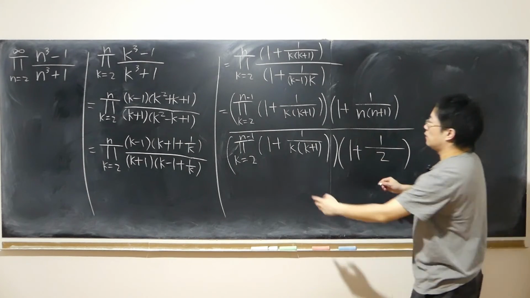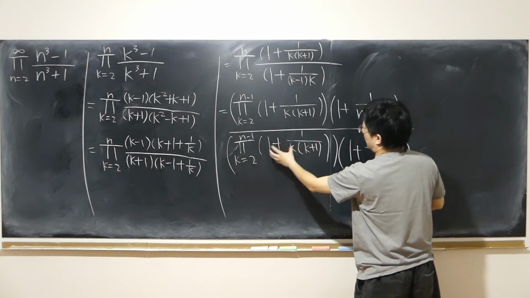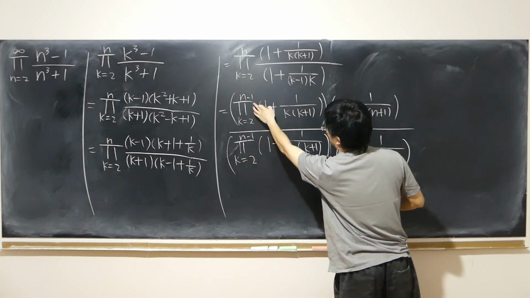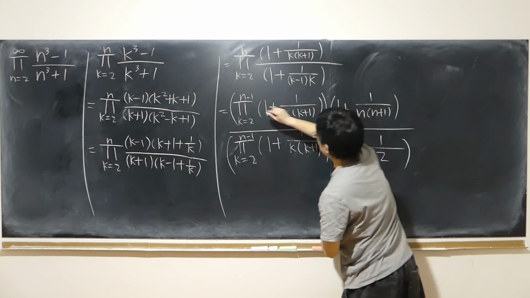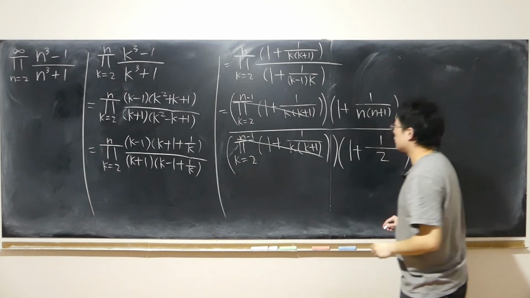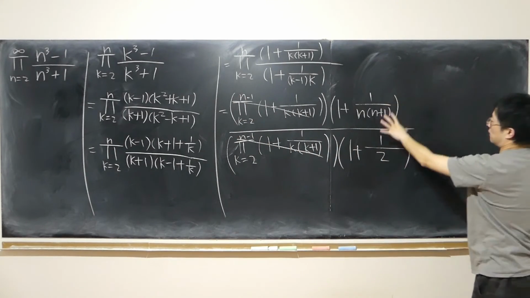Now we have exactly the same representation, the same starting point and ending point. So we only have this and that.